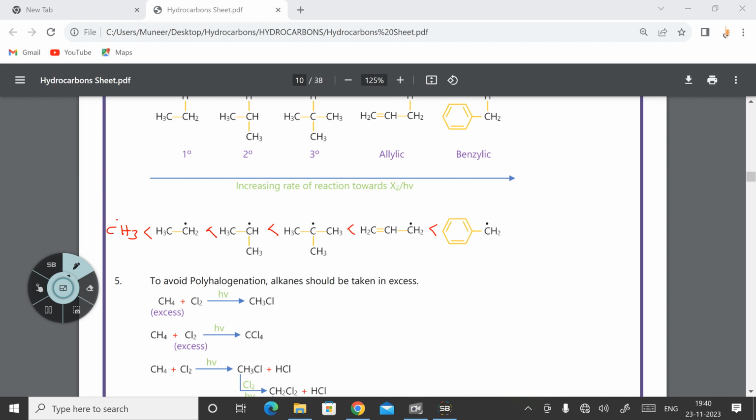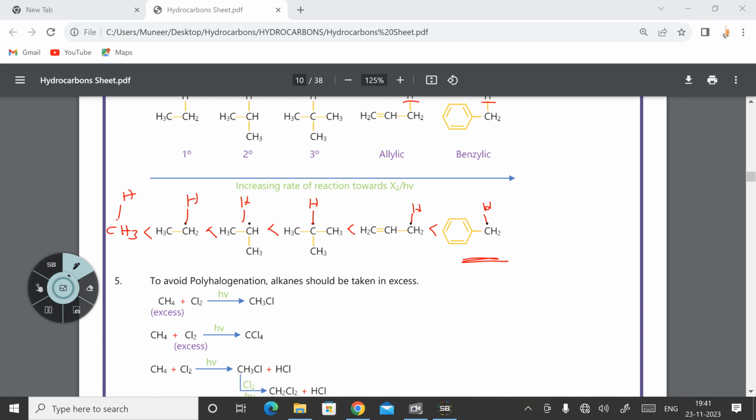So which hydrogen is easily replaced, this hydrogen or this one? Which hydrogen is replaced by a chlorine or halogen atom easily? This one, benzylic. Why? Benzyl free radical is more stable. If it loses one hydrogen as a free radical, a benzyl free radical is formed, which is stable.